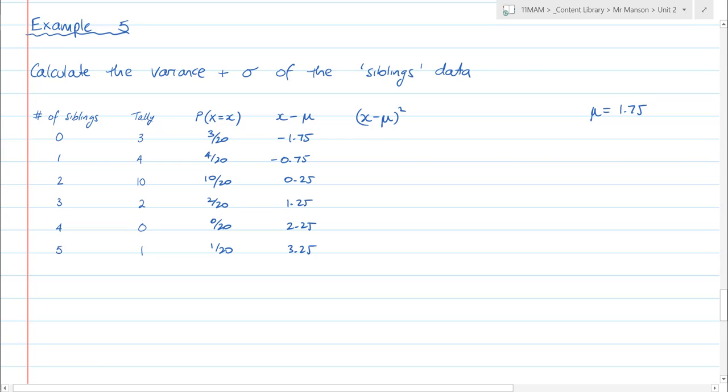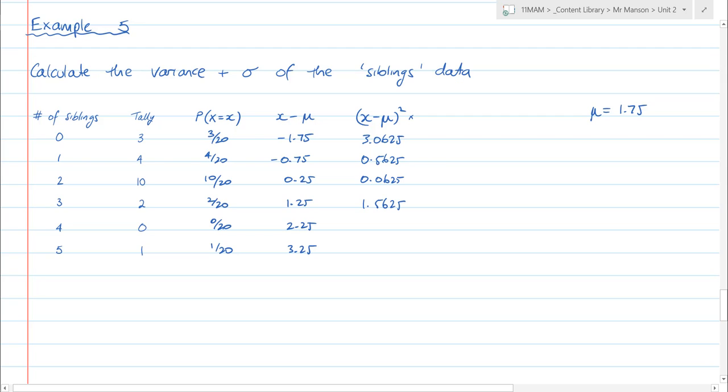And our x minus mu squared is a bit of a pain. Actually, let's just do this all in one go, because I can work them out. Let's do our table. Stop being lazy. 1.75 squared is 3.0625. 0.75 squared is 0.5625. 0.25 squared is 0.0625. 1.25 squared is 1.5625.